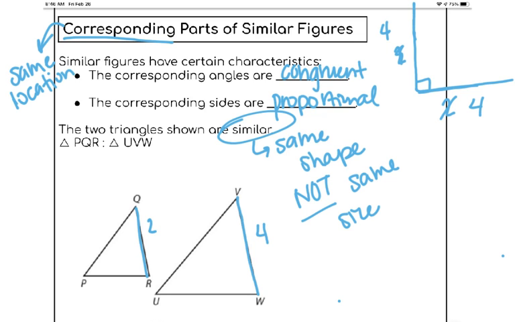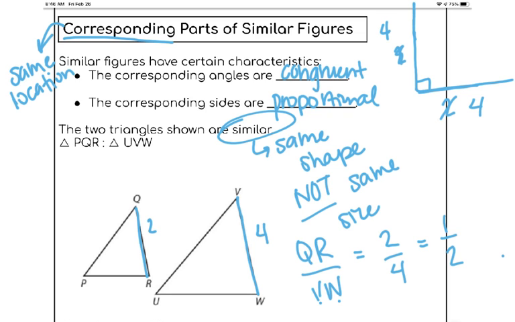Meaning that the relationship, and we learned about this in the proportional relationships, QR is going to relate to VW as 2 to 4, which is 1/2. And that is proportional, okay? And every side is going to be that way.